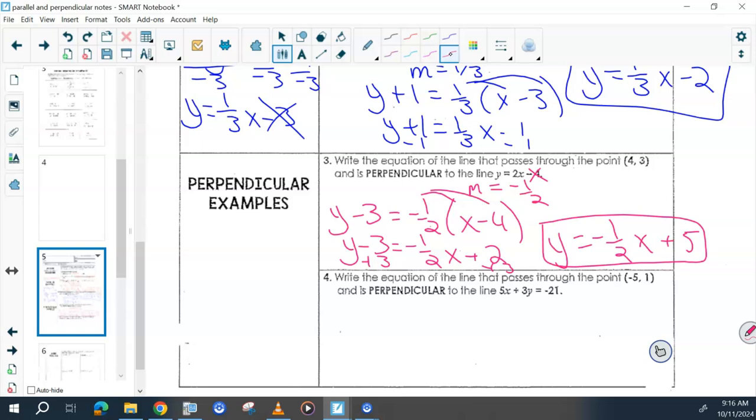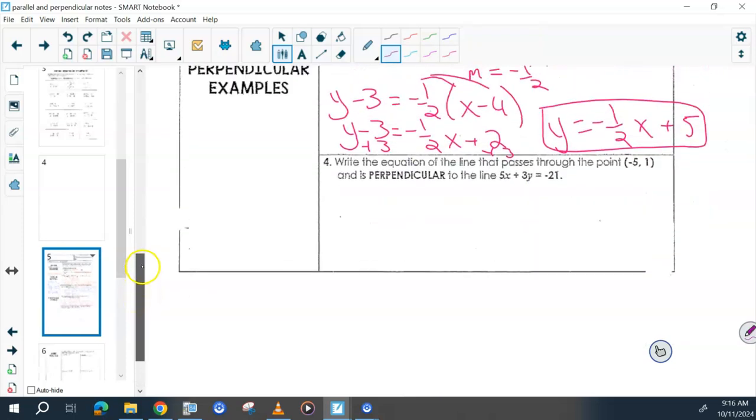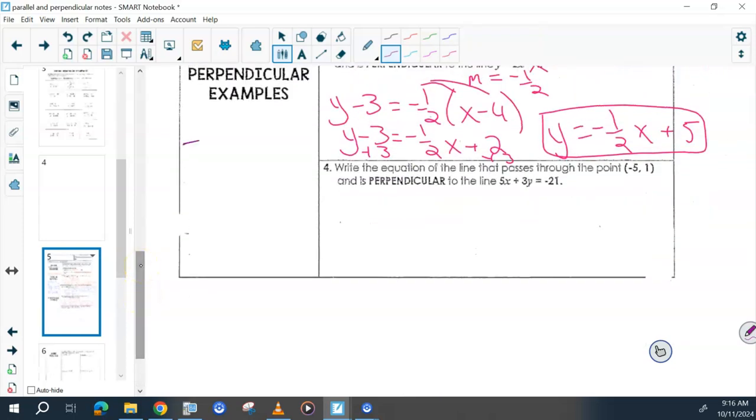So similar to number 2, this one is in standard form, so we have to solve that first and then proceed with everything else. I'm going to do that off to the side. What's our first step?